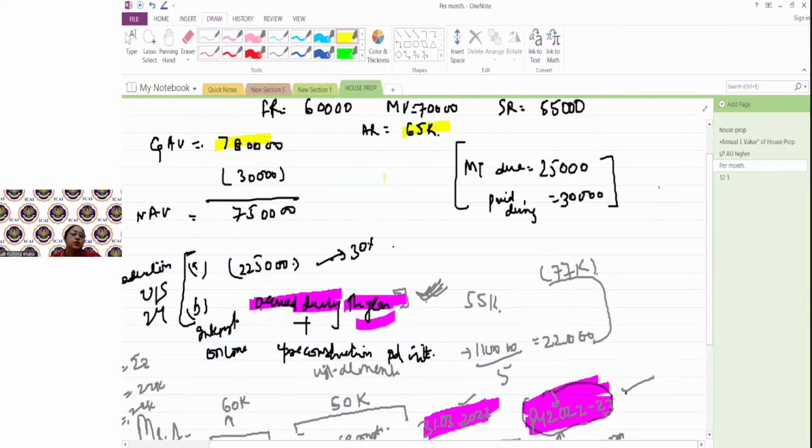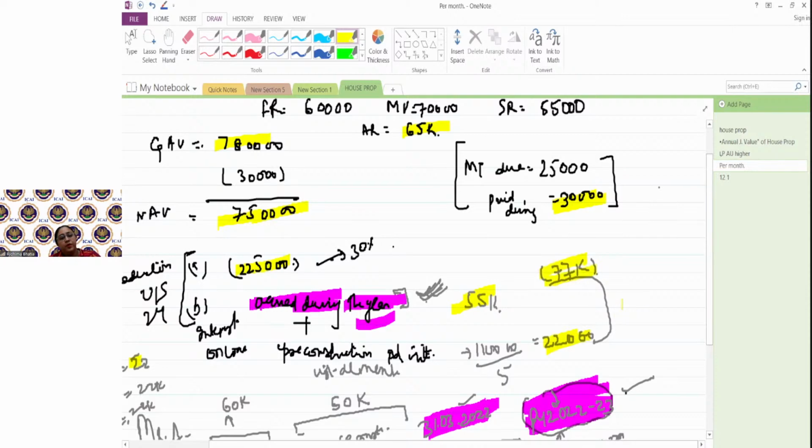Municipal taxes due were 25, but he paid some dues of the preceding year also during the year, so 30,000 was allowed as deduction. Net annual value 7,50,000 आया, इस पे 30% standard deduction मिलेगा, which comes to 2,25,000. Now interest total accrued during the year plus 1/5 installment of pre-construction period, total interest come to 77,000.